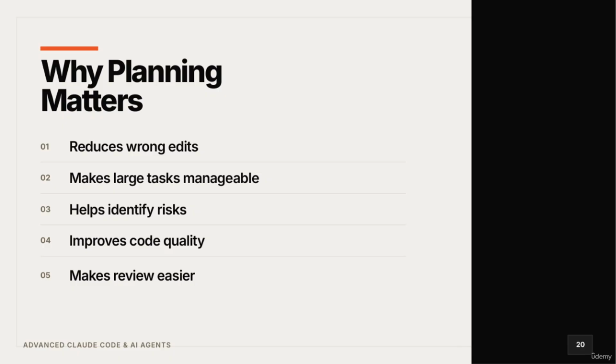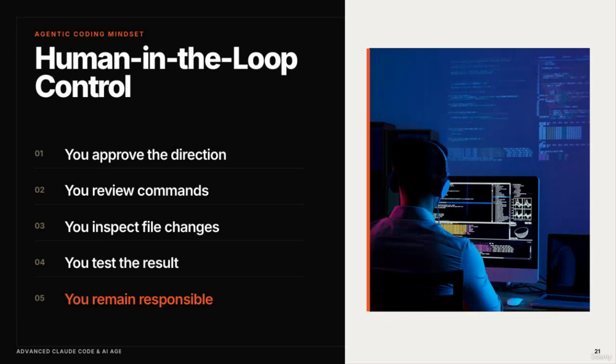Here, we're looking at the agentic coding mindset, which emphasizes human-in-the-loop control throughout the development process. This approach ensures that you maintain oversight and responsibility at every step. First, you approve the overall direction, setting the course for the work to come. Then, you review the specific commands being executed, making sure they align with your goals.